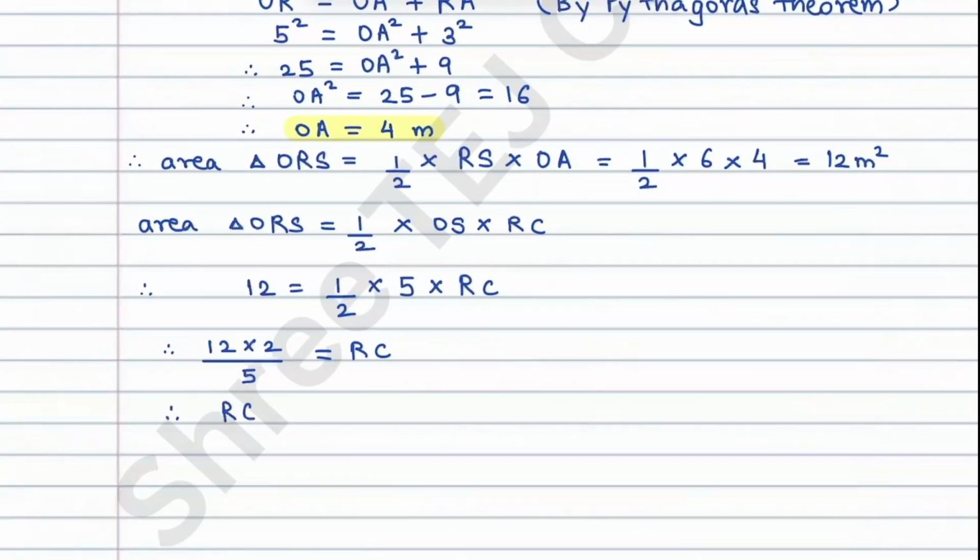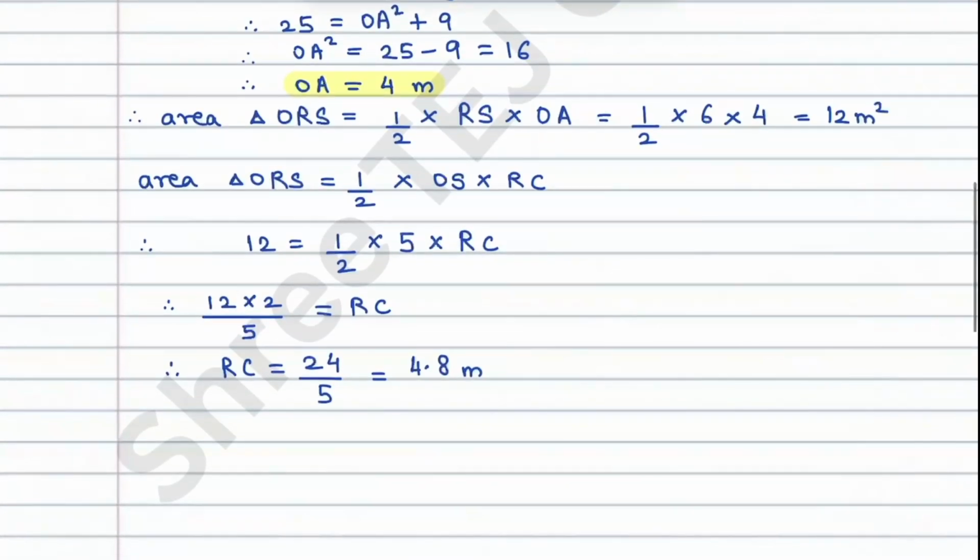Therefore RC is equal to 24 upon 5, which is 4.8 meters. So value of RC is 4.8 meters.